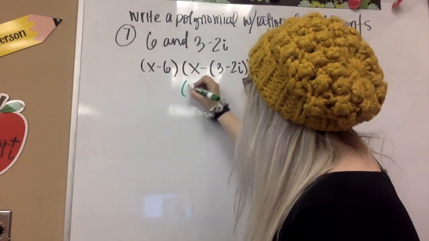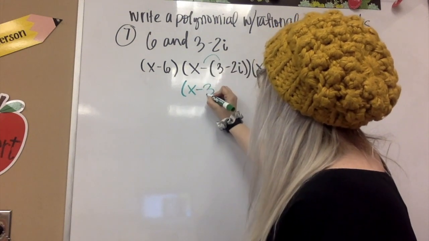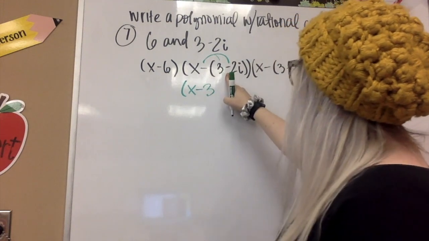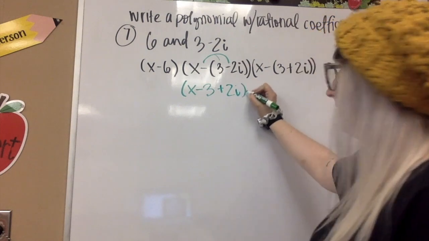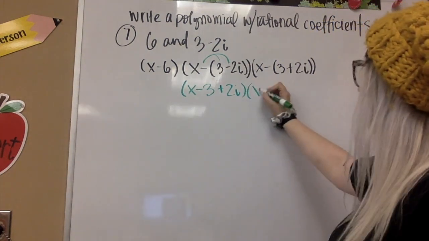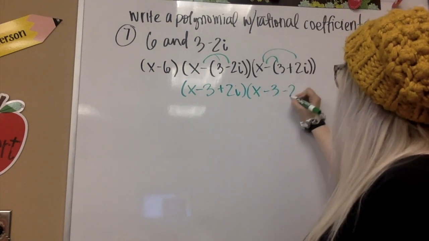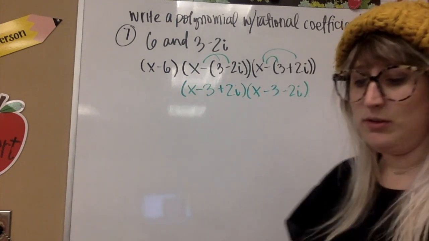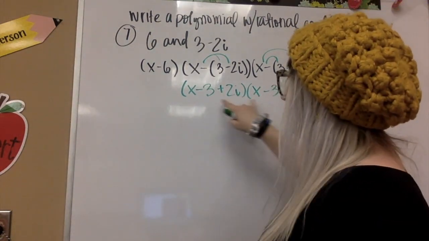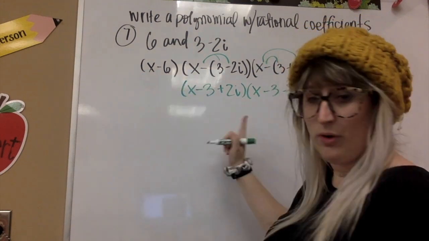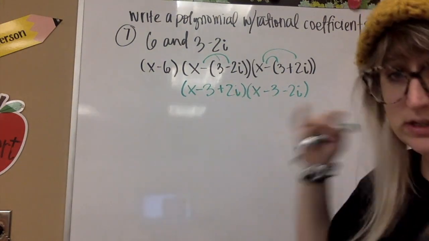So I'm going to have x minus 3 plus 2i times x minus 3 minus 2i. And I'm going to go ahead and FOIL out these 2, knowing that I'm going to come back later and FOIL out the x minus 6 with the product of these 2.